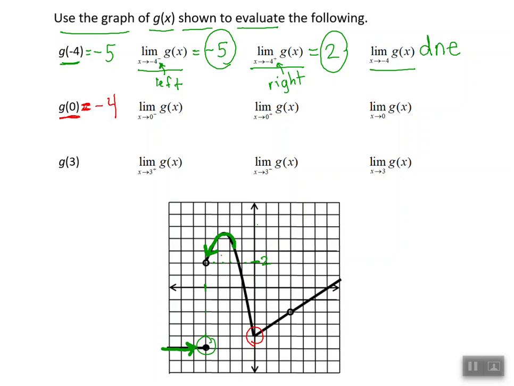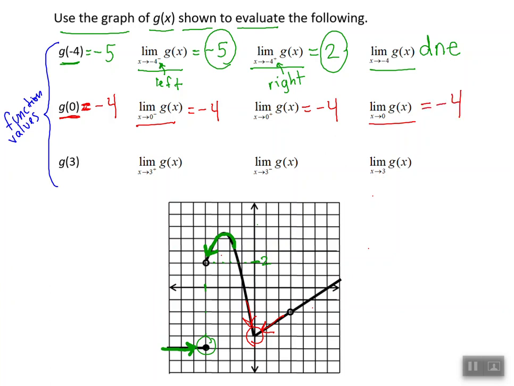Remember, these right here mean the function values, whereas these are the limits, the limit from the left and the limit from the right. Notice both sides are going to the same value, -4. Therefore, the limit as x approaches 0 of g of x is also equal to -4 because both of these are matching.